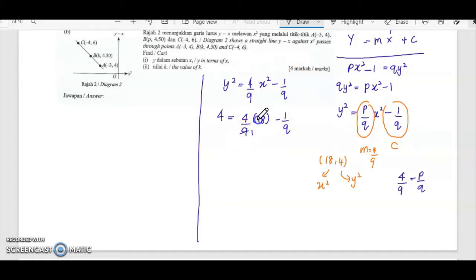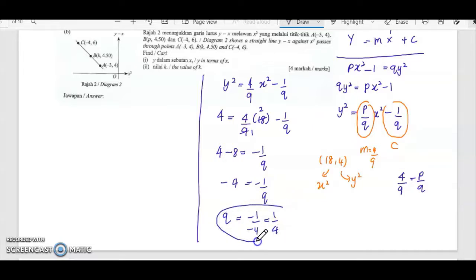So we simplify this one and get 4 minus 8 negative 1 over q, that is negative 4 equal to negative 1 over q, that is c. Okay, we get a value for c here, which is negative 1 over q. So we get q is equal to negative 1 over negative 4, which is equal to 1 over 4.